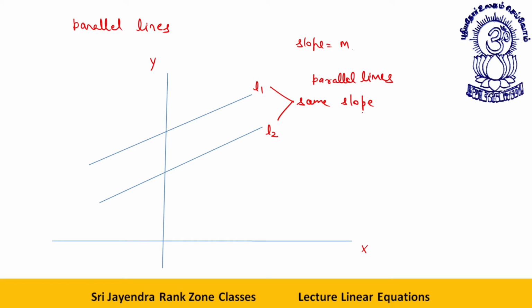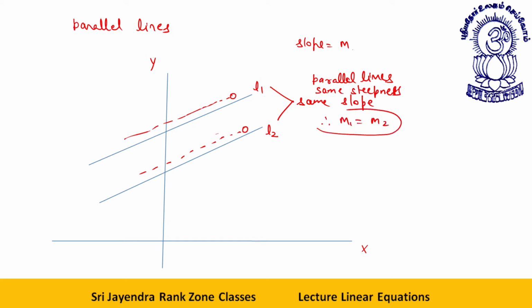When lines are parallel, they will have the same steepness, like a ball rolling from here will roll at the same speed as this ball. They have the same slope or steepness. Therefore, m1 is equal to m2. Their slopes will be equal.